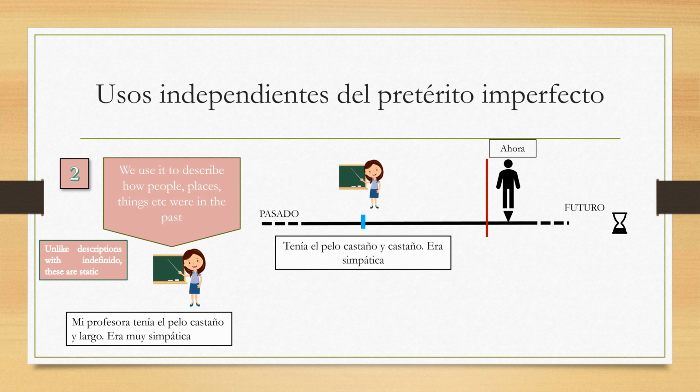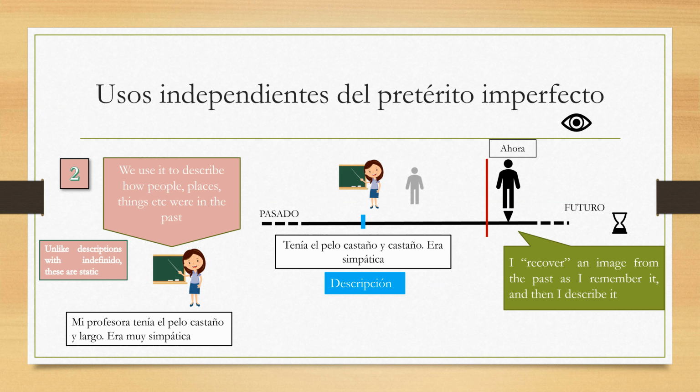Here I have the description I'm making of this person in the past. What I'm doing is I recover an image from the past as I remember it, and then I describe it.